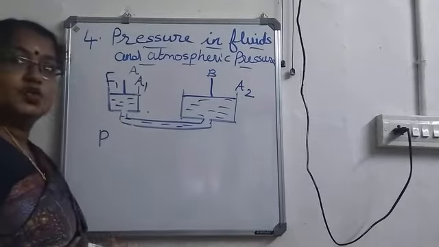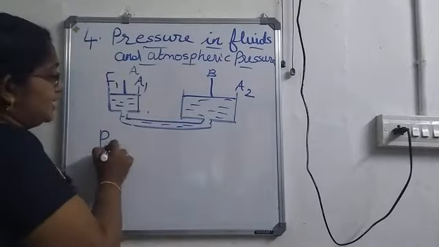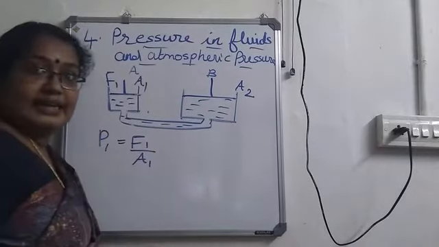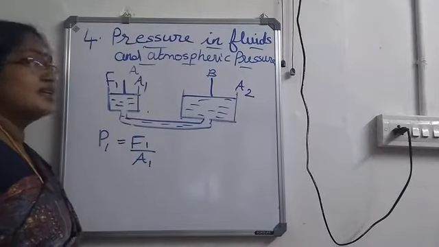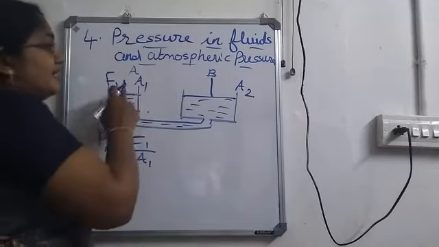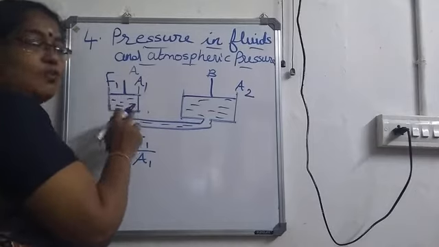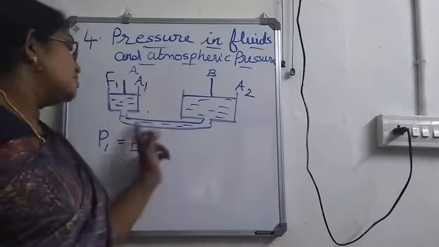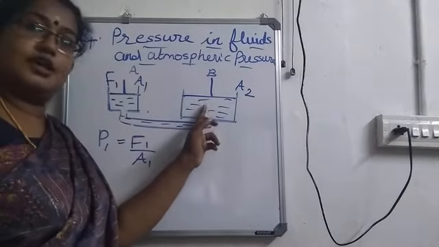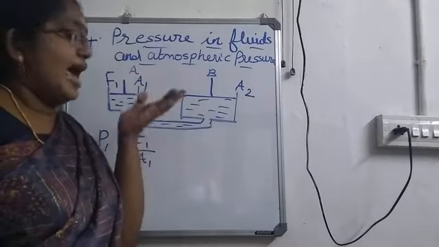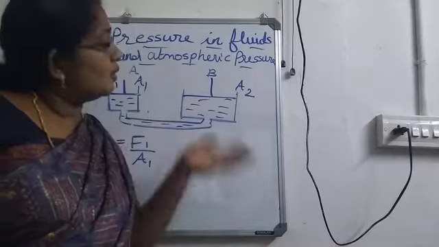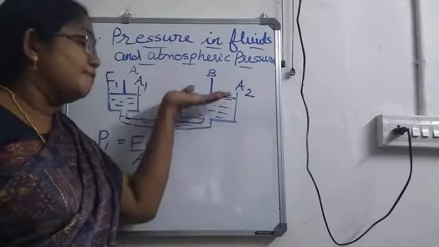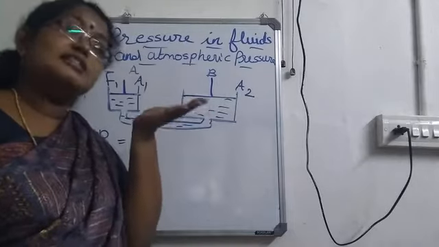Force acting per unit area is pressure. Pressure P1 is force or thrust by area, isn't it? So a pressure is developed there, and according to Pascal's law, this pressure gets distributed equally. This pressure will be carried by the liquid and reaches here, and due to this pressure, the piston of cylinder B gets raised.